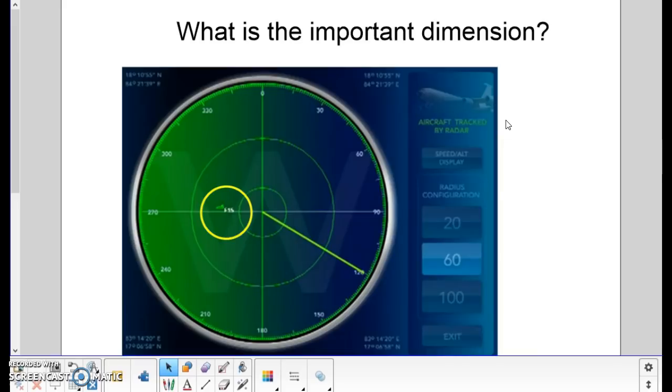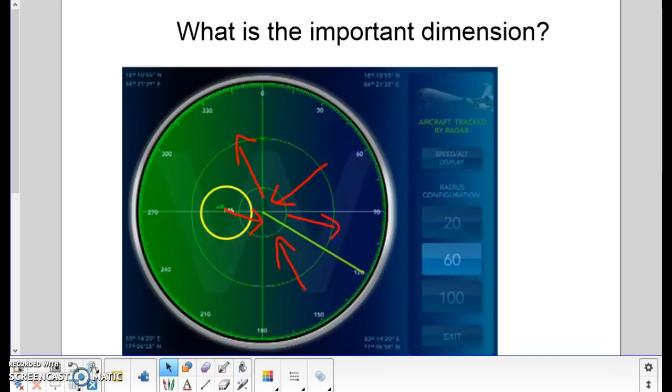If you think about what they care the most about, these traffic control places are at airports. What they care the most about is how far the plane is from the airport, because they have all kinds of planes coming in from different directions, coming into the airport to land or leaving the airport to take off, right?